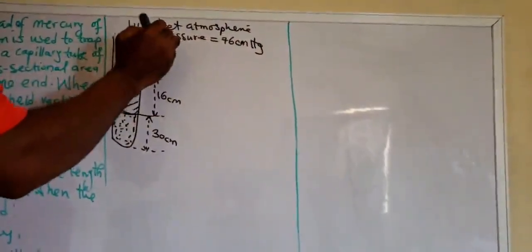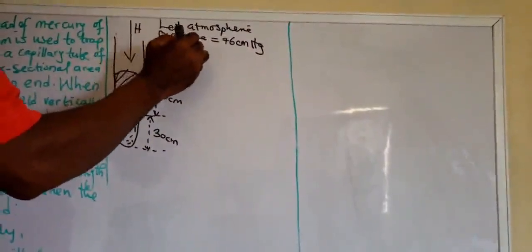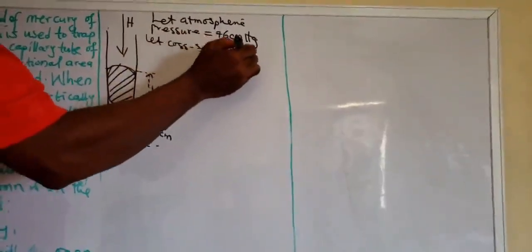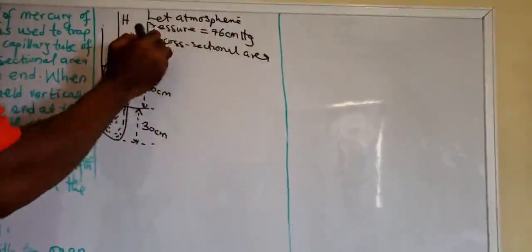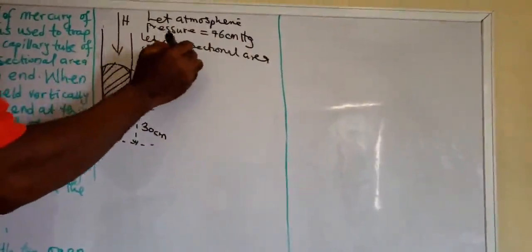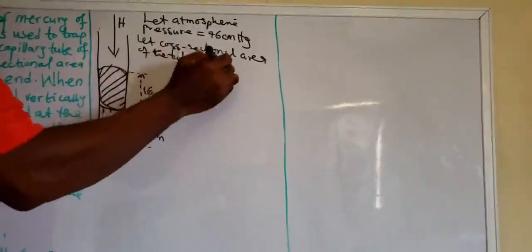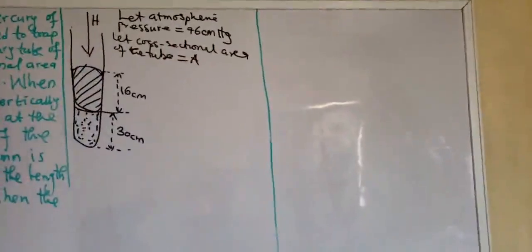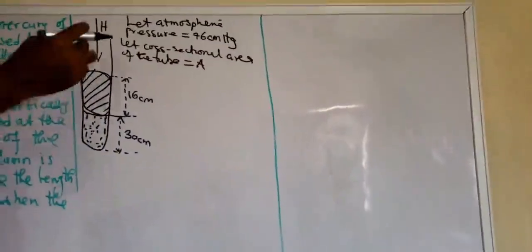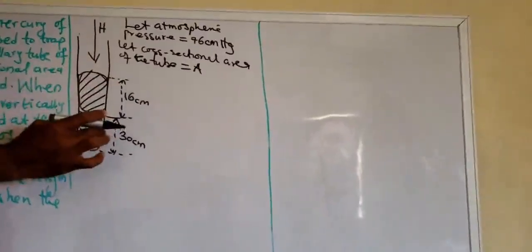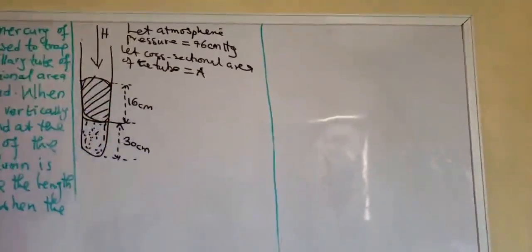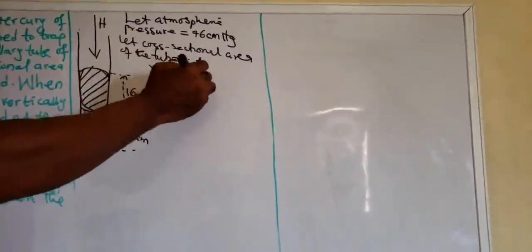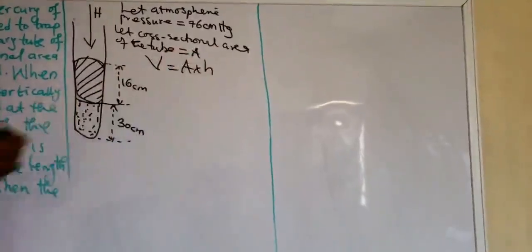Then let the cross sectional area of the tube be equal to A. What it means is this tube from beginning to end, the area is the same, but the length of the mercury column and that of the air can change. Then we know that volume is area multiplied by height.